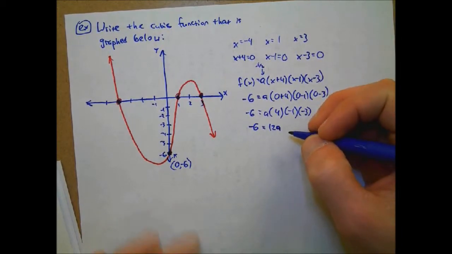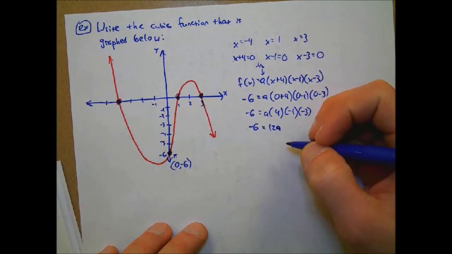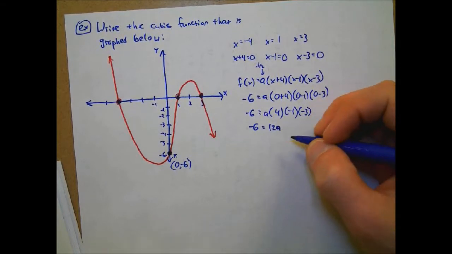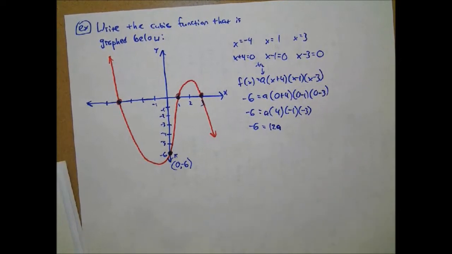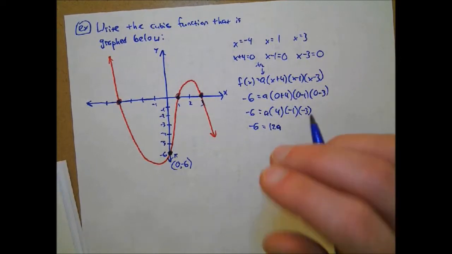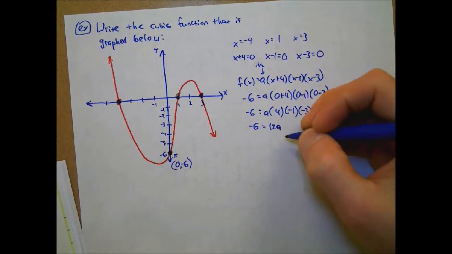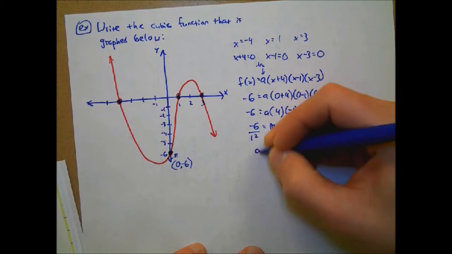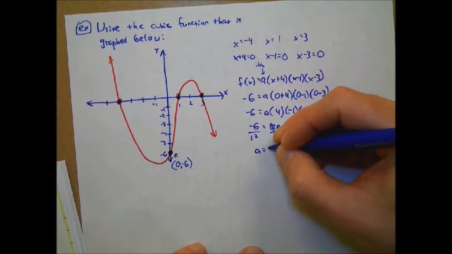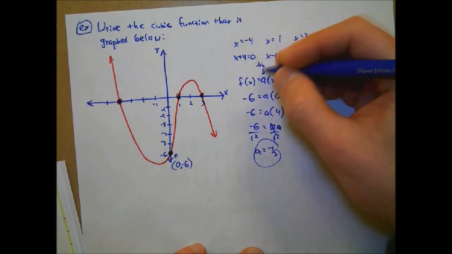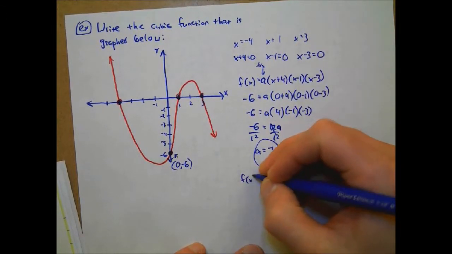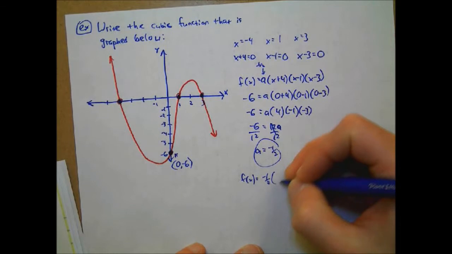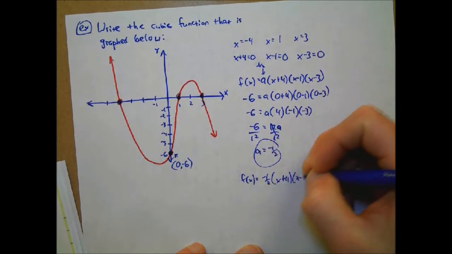What do I do to get rid of the 12? Divide, because it's 12 times a. So a equals negative 6 divided by 12, which simplifies to negative 1/2. Hey, there's the negative 1/2 we needed. So our function is negative 1/2 times x plus 4, x minus 1, x minus 3.